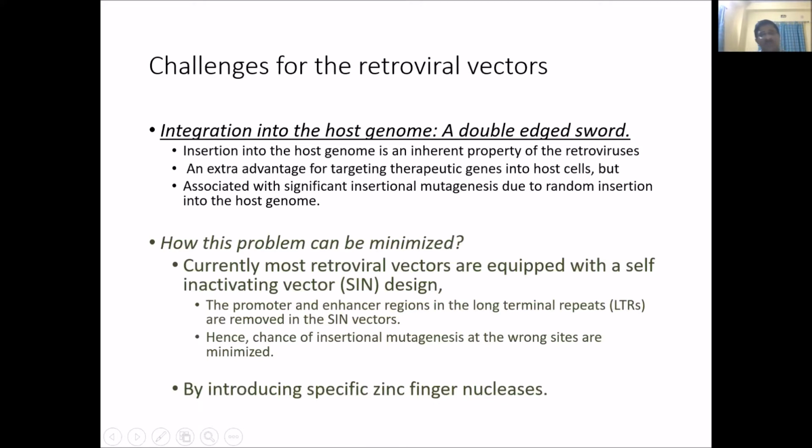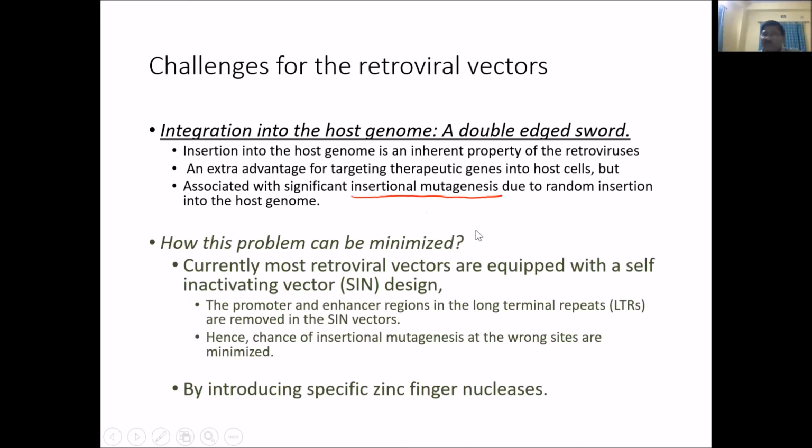Insertional mutagenesis means mutagenesis due to insertion of a retroviral genome, that we call proviral DNA or proviral RNA. A simple proto-oncogene can be converted into a very active oncogene. So you have to get rid of that or minimize that.